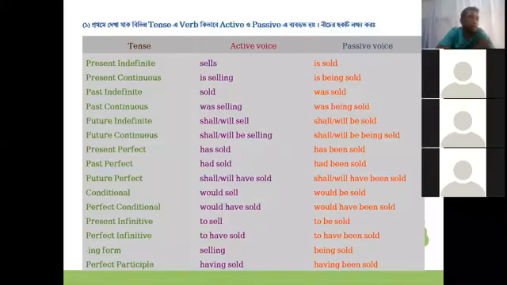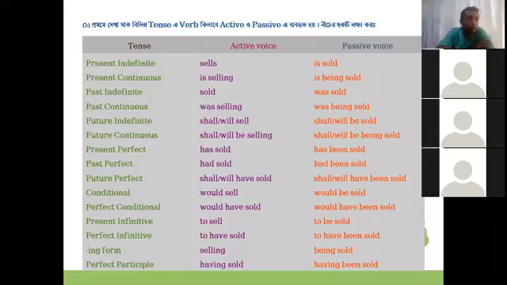Now we have come to a very important structure, four important structures. First one, present infinitive: to plus V1 is called present infinitive. To have plus V3 is called perfect infinitive. These we will call non-finite verbs.